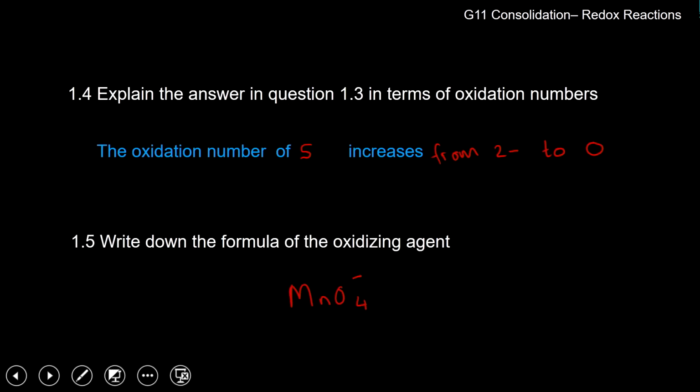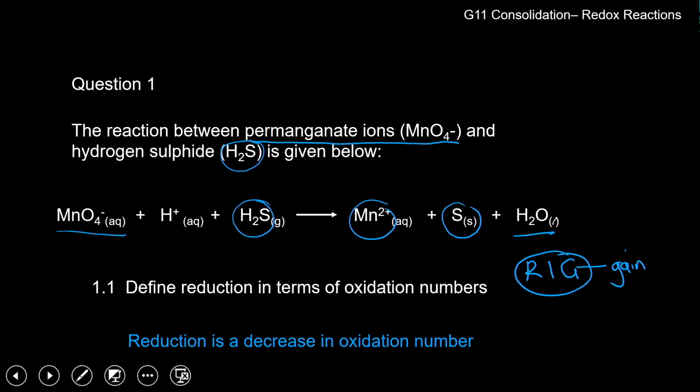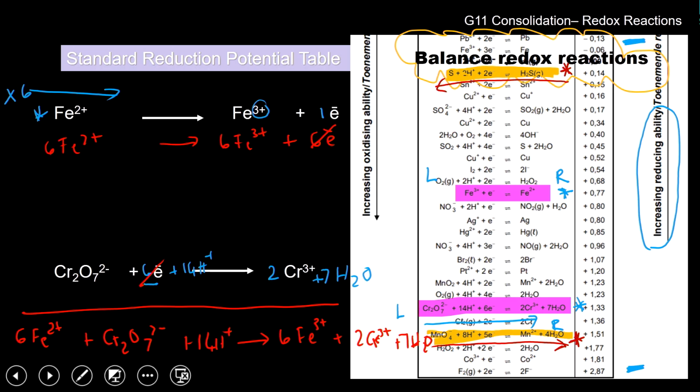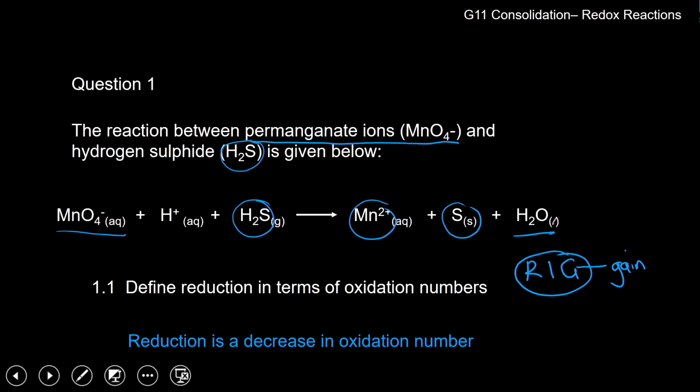Okay, our next half equation is with our permanganate ion, and you can see it over there. So we're going to read it from left to right, and it's 8H plus 5 electrons to give us 4 water. So let's write that one down.